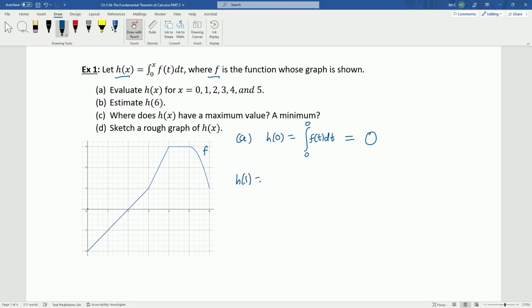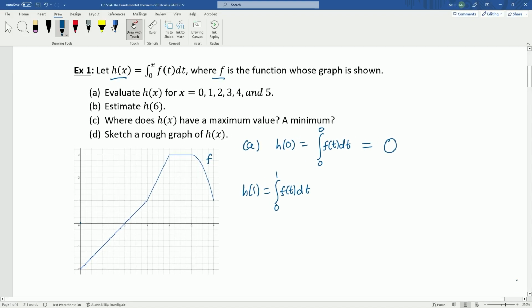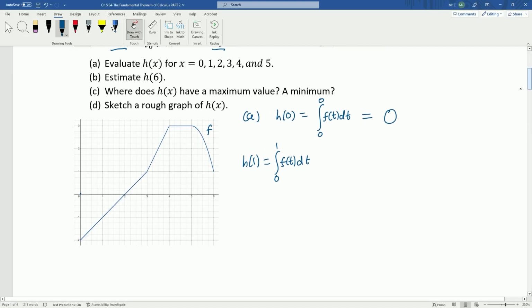h of 1. Well, that's the integral from 0 to 1 of f of t dt. So we're going to zoom in just a little bit here. So the integral from 0 to 1, that's this. That should be pretty straightforward.